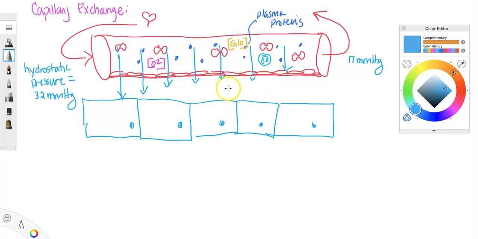There's also another pressure going on here, and this is the pressure created by the plasma proteins. And this is going to be osmotic pressure, and this is pressure that pulls water back into the vessel.